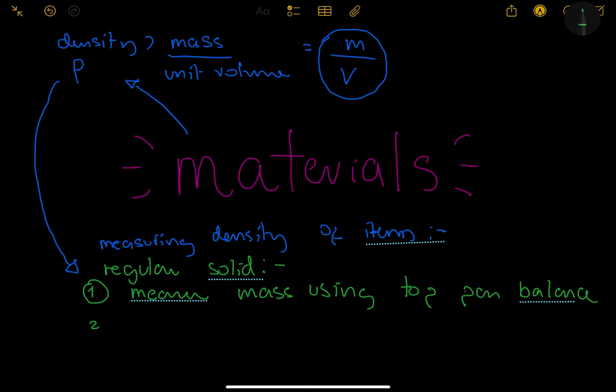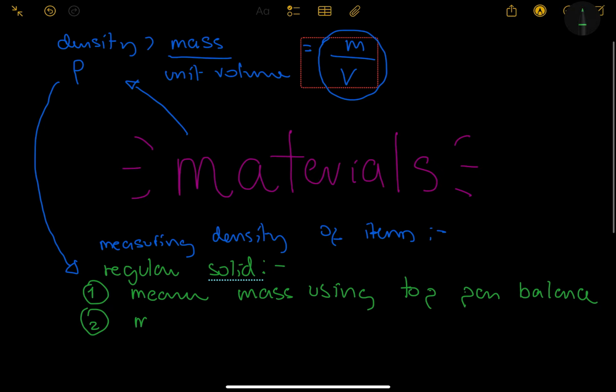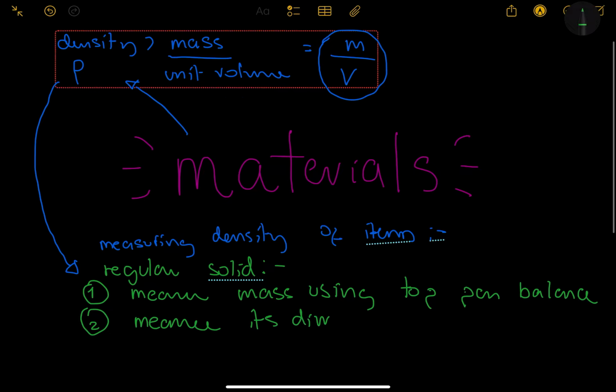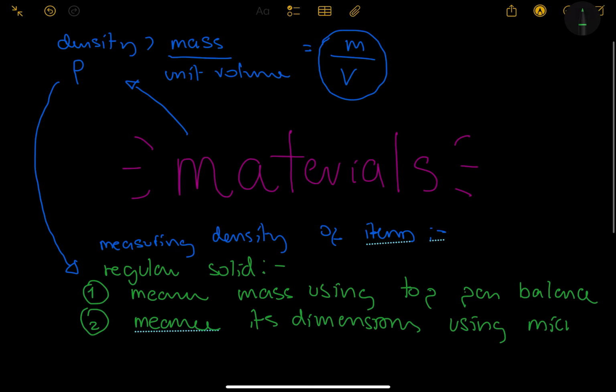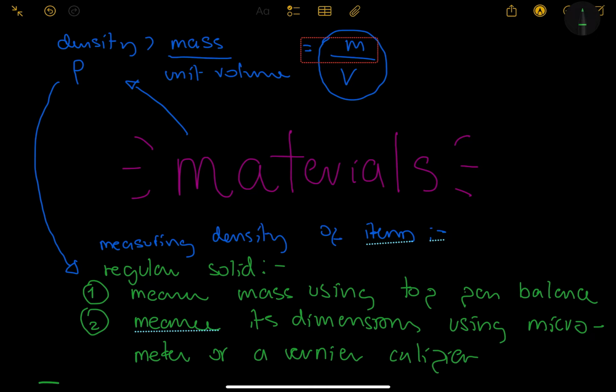And then the second step is we can measure its dimensions using a micrometer or a vernier caliper, which is another kind of measuring instrument.